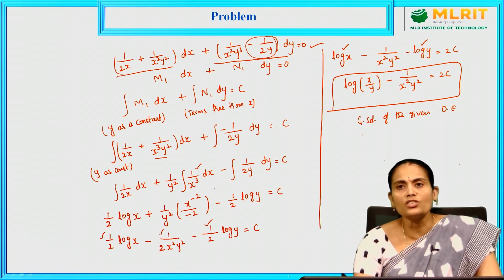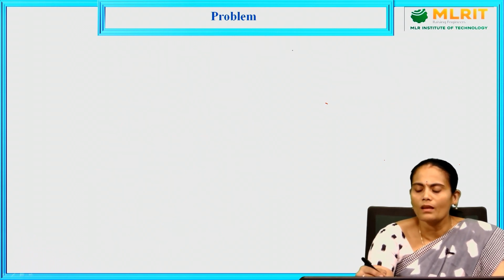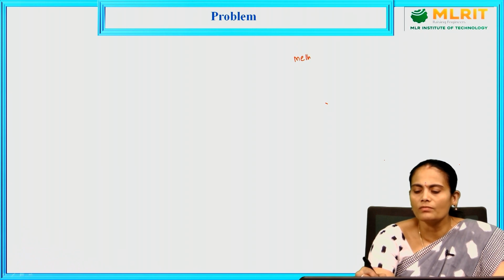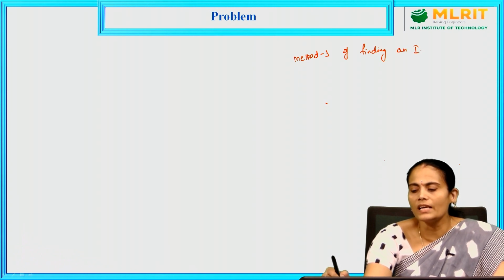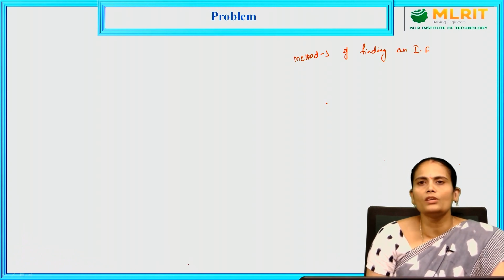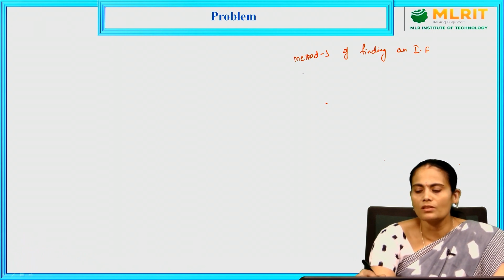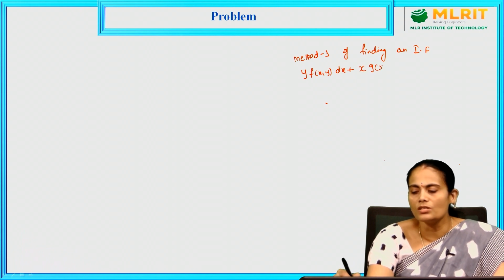So in this session we discussed the method 3 of finding an integrating factor. So what is the method 3 we discussed? y into f of xy dx plus x into g of x comma y dy is equal to 0.